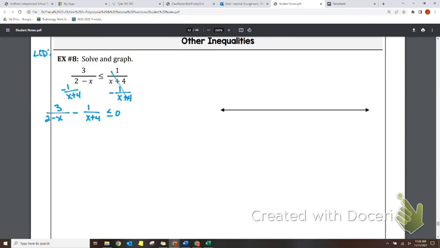Now for us trying to do that least common denominator, I can't factor out either one, so I know it's got to have the 2 minus x for the first fraction, and it's got to have an x plus 4 for the second fraction. So I'm going to multiply, because I'm not solving using this. I'm just going to simplify this to a single fraction. I'm going to multiply everything on one side by the 2 minus x and the x plus 4.